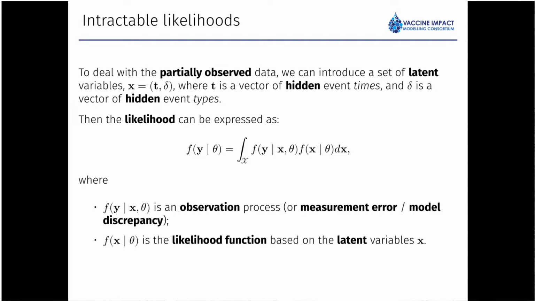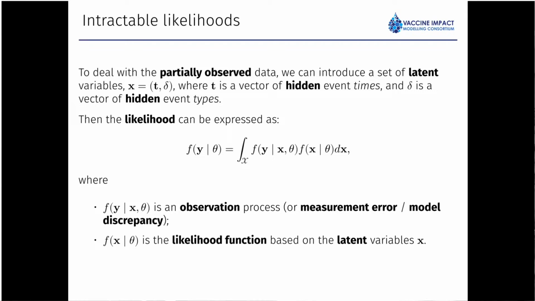So x corresponds to what I would like to observe if I could observe everything perfectly, okay? And mathematically, at least, the likelihood function, remember the likelihood function is a function of the observed data, okay? So it is the conditional distribution of the observed data y given the parameters, okay? X does not appear in the left-hand side, okay?